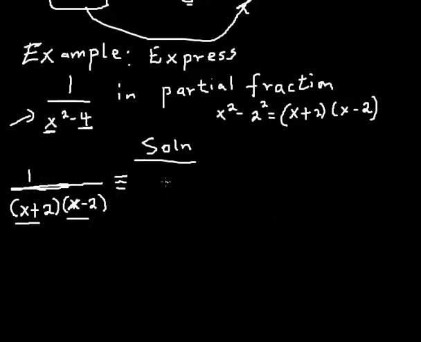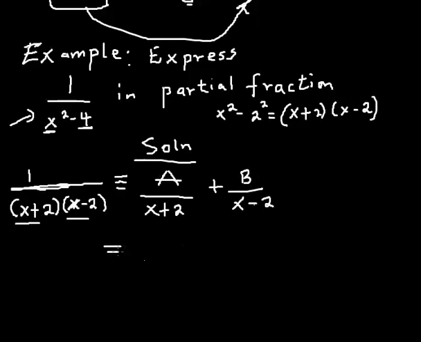So this is equivalent to finding a fraction whose numerator is A, but I don't know what it is, and it will take x plus 2 as a denominator, then plus the other fraction whose numerator is B, and it takes x minus 2 as a denominator. So the whole idea is to find these unknown numerators A and B.